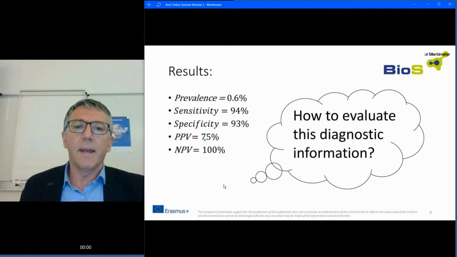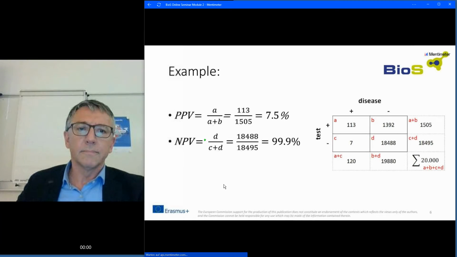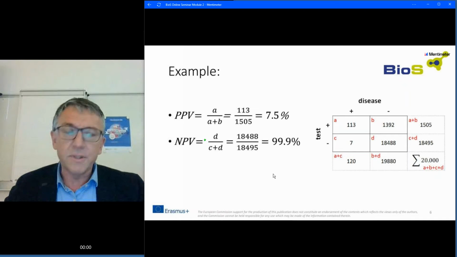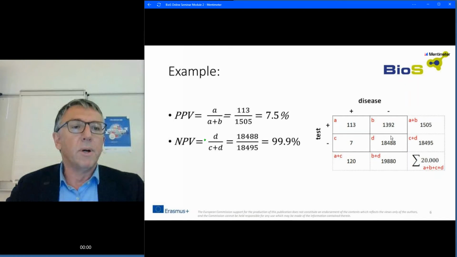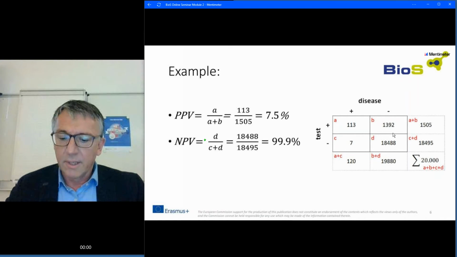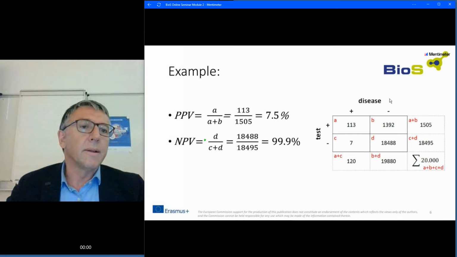Let me go back here to this information. So the rate of false positives would be the number of false positives, those that are being tested positive but not having the disease, divided by those that are actually negative for the disease.